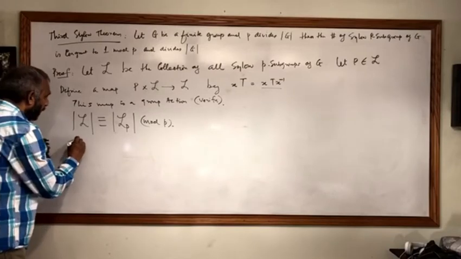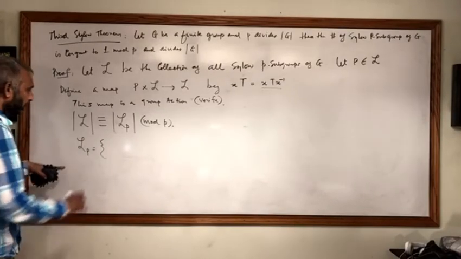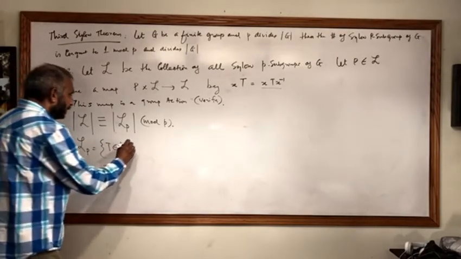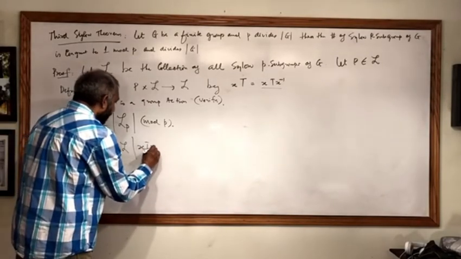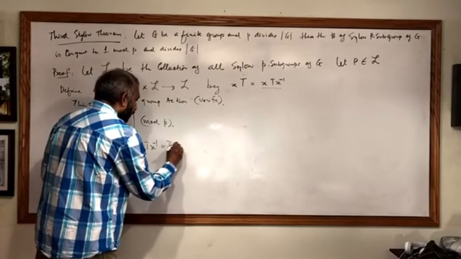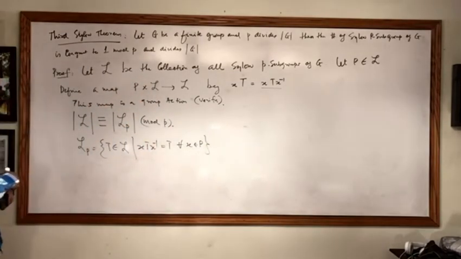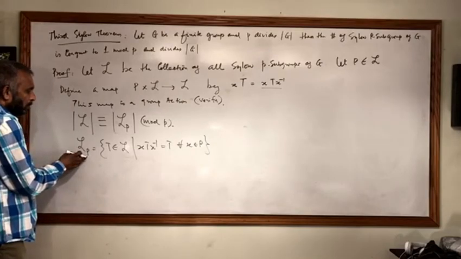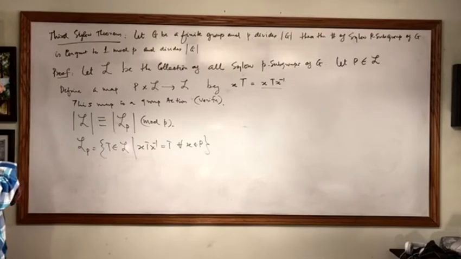So what is in L_P? L_P is equal to the set of T belonging to L such that x T x inverse is equal to T for all x in P. That is the definition of L_P. It is the set of one-element orbits.